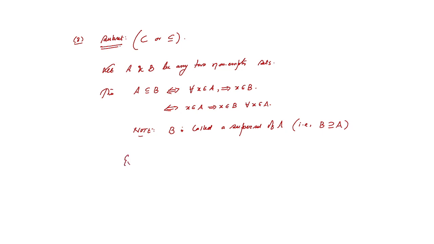I'll give you one example. Say set A contains elements 1 and 2 and B contains elements 1, 2, 3. Here every element of A obviously belongs to B, so A is a subset of B.